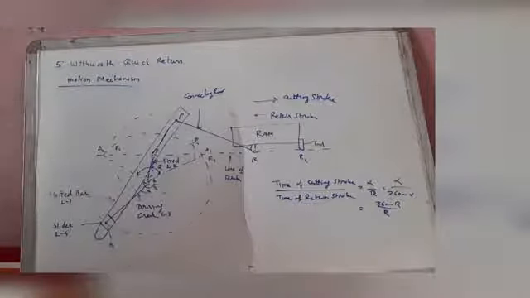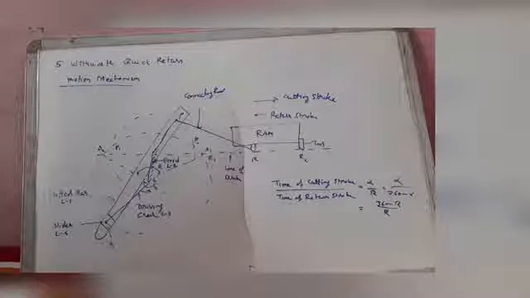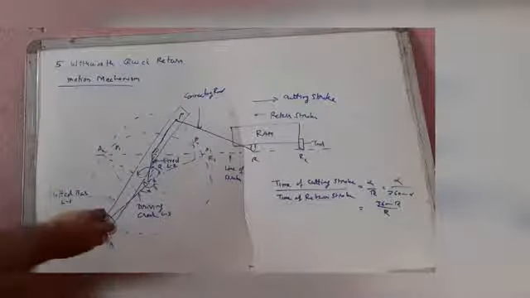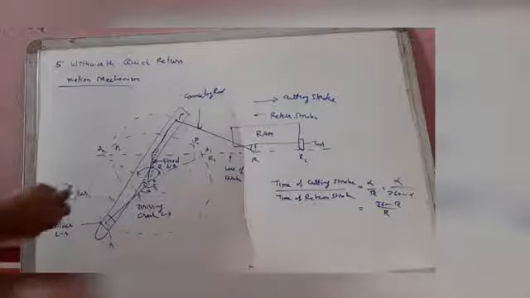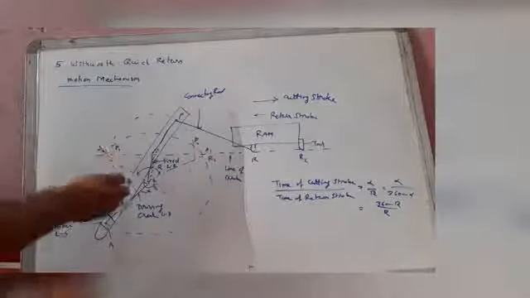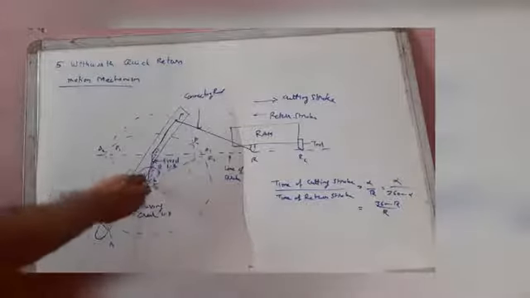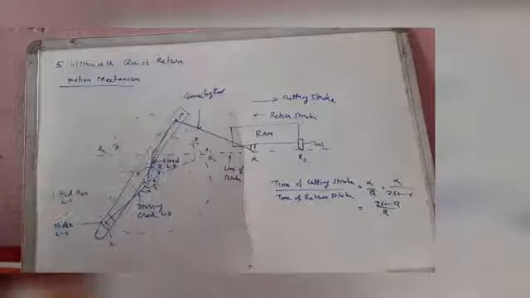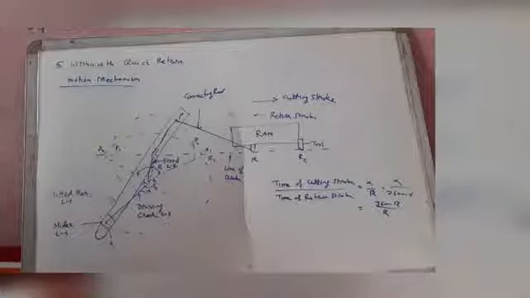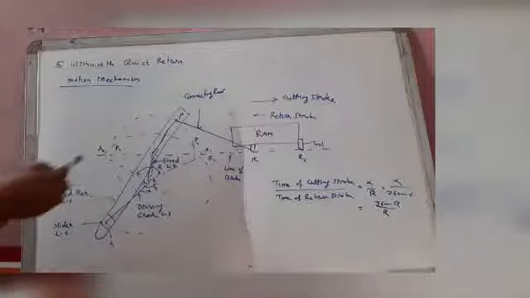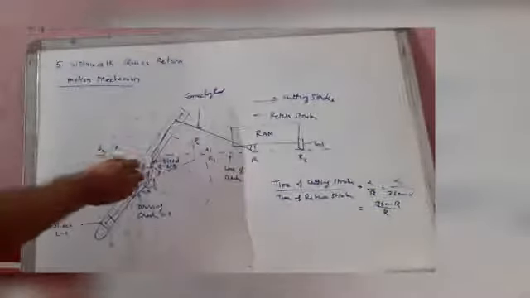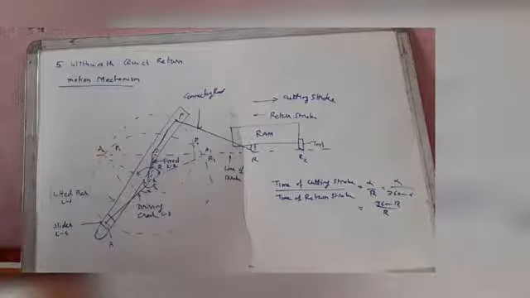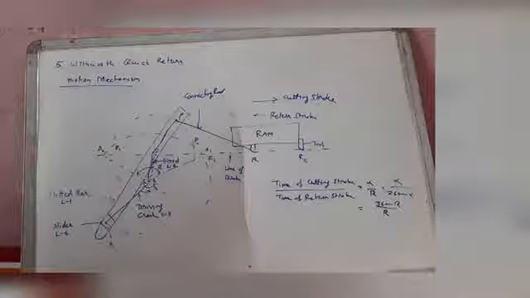When the driving crank CA moves from CA1 to CA2, the line DP moves from position DP1 to DP2 through an angle alpha in a clockwise direction.